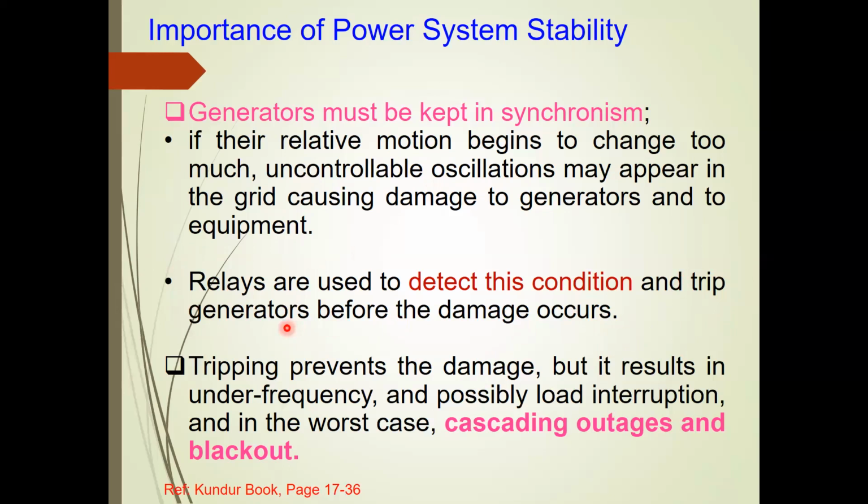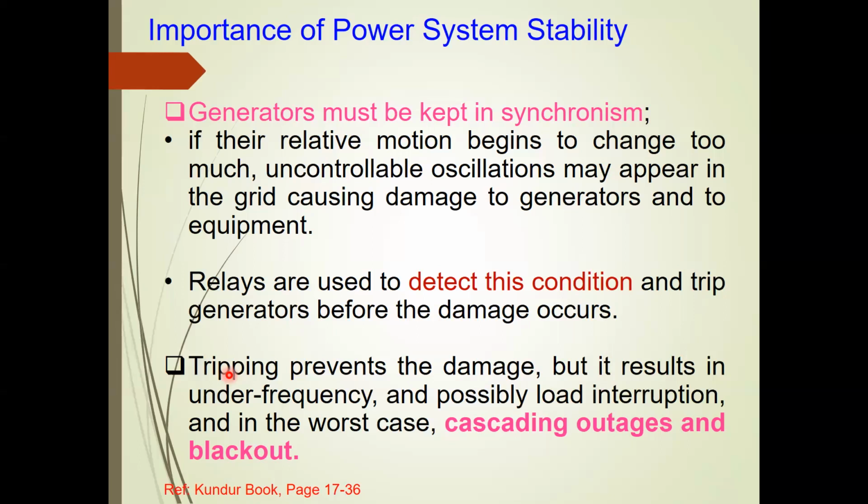And if for any reason you are not able to meet your demand, then definitely a mismatch between generation and demand will take place, and then again the problem will arise of maintaining synchronism between the generators. As I said, normally the tripping of the generators can prevent the damage, but if there is a tripping, that means an outage of the generator, and suddenly you are not able to meet your demand from the load side.